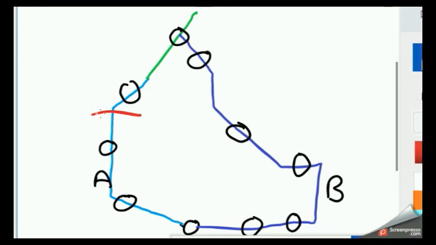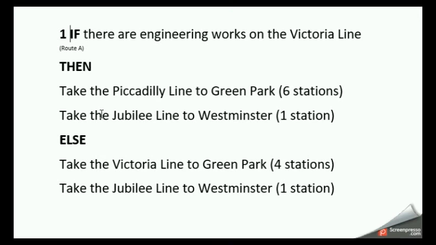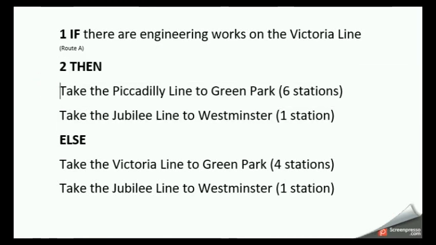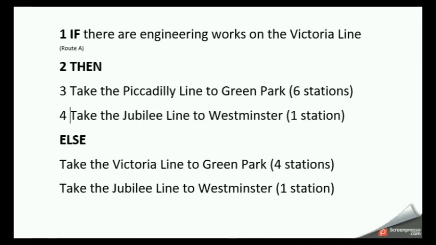You can see it clearly with the red. Then, what you're going to do is you're going to take the Piccadilly Line, which is Route B, and then take the Jubilee Line. Then you're going to arrive. So that should be line 2, 3, and 4.